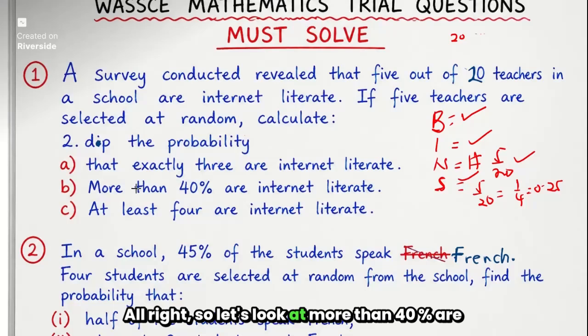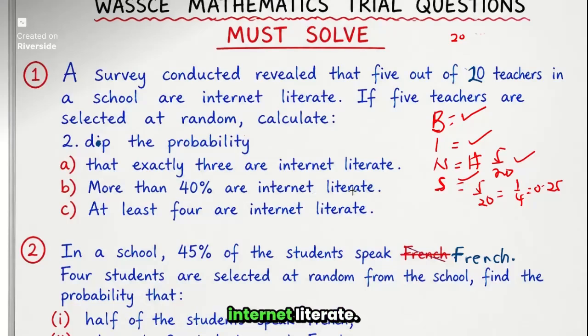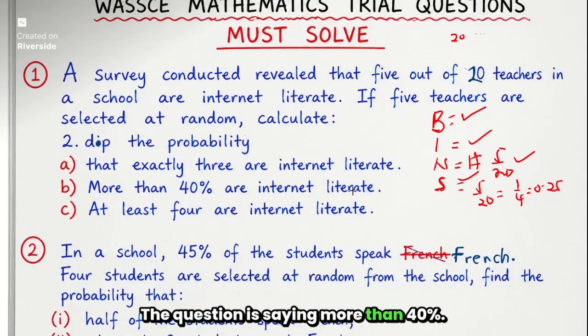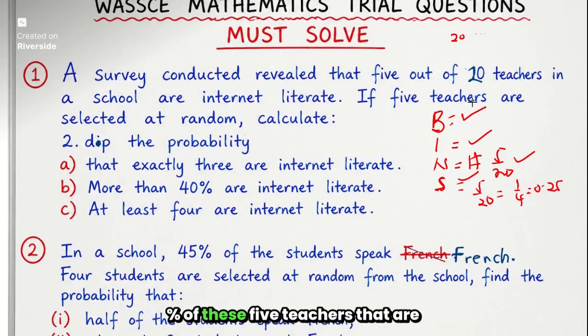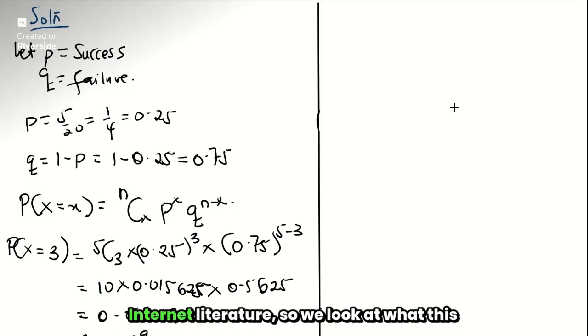Alright, so let's look at more than 40% are internet literate. The question is saying more than 40%. So it's more than 40% of what? These 5 teachers that are being selected. So out of these 5 teachers, we are looking for more than 40% that are internet literate.